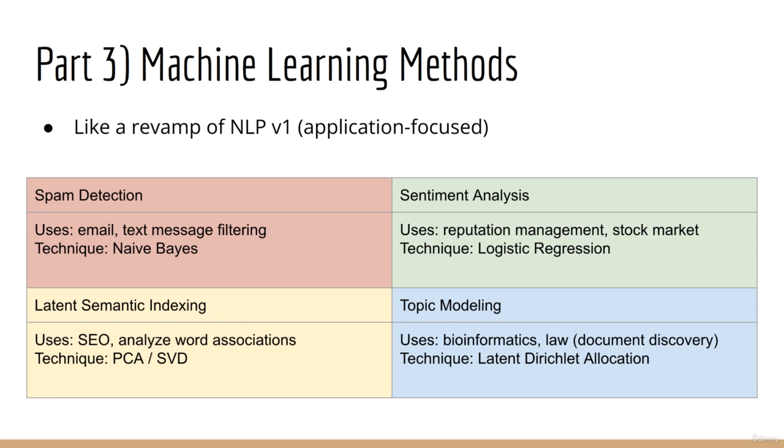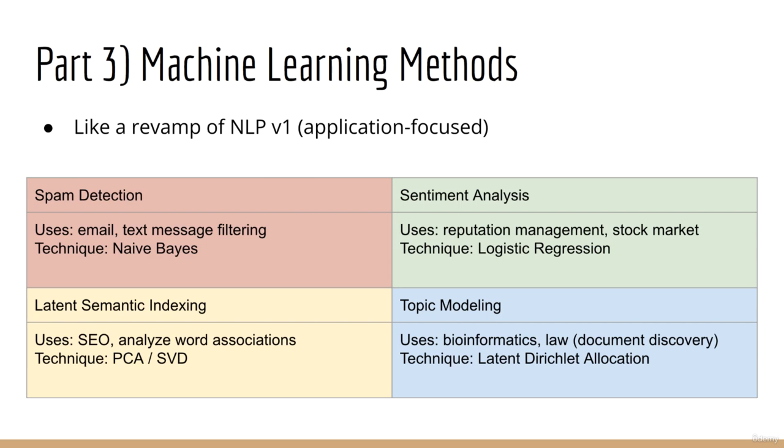Essentially, this part of the course is a revamped version of NLP version 1. This part of the course will be application-focused, rather than technique-focused. That is to say, each section will focus on a particular application, rather than the underlying machine learning technique. All of these applications should be easy to understand, so you should find this section to be very approachable, even if you are just beginning your NLP journey.